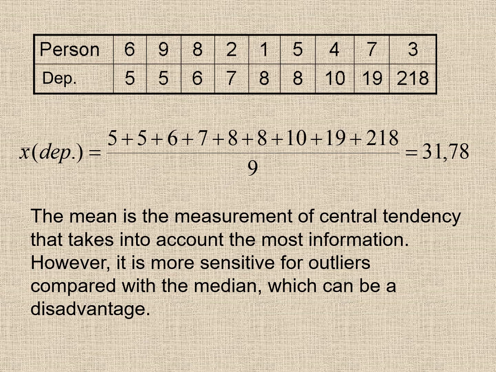How high or low the most extreme values are doesn't affect the median to any high degree. While in all of those examples, the change of the extreme value will result in a change in the mean. But still, we're going to use the mean in our examples, in our calculations further on in this lecture.